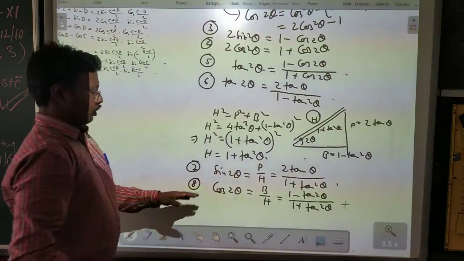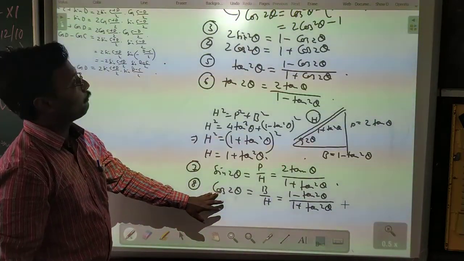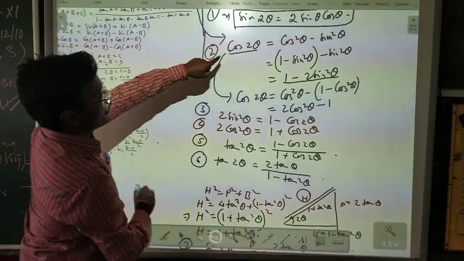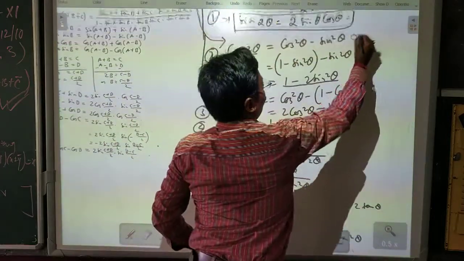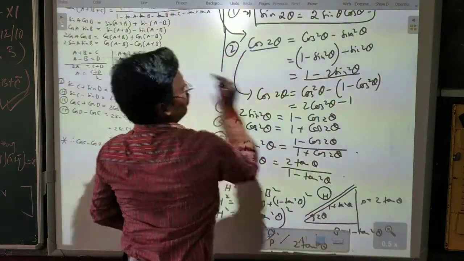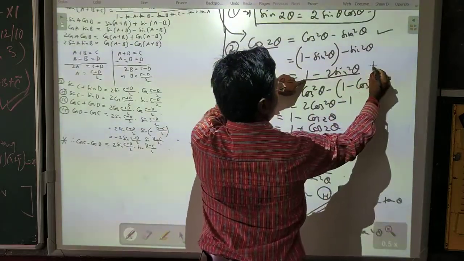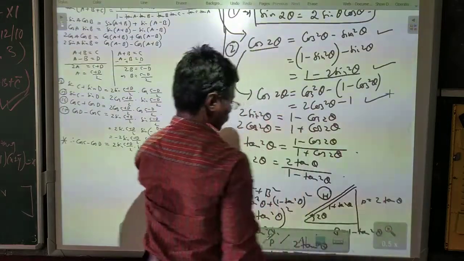Okay? So we are getting 4 formulas for cos 2 theta. One formula is cos square theta minus sin square theta. Then we have 1 minus 2 sin square theta. Then 2 cos square theta minus 1.